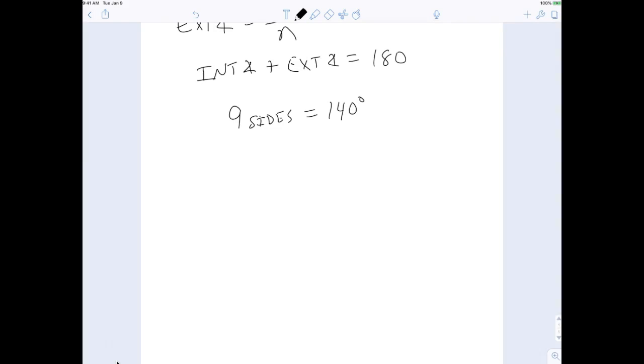100% correct. So listen to me, I'm just trying to save you some time here. Using the exterior angle is always easier in my opinion. If you want to find the exterior angle, you just divide 360 by the number of sides. So in this case, 360 divided by 9 was 40.